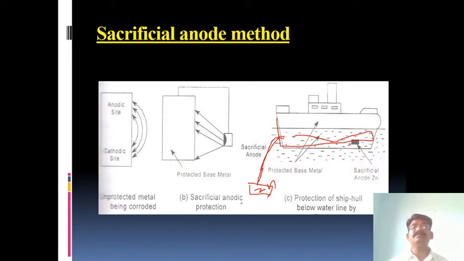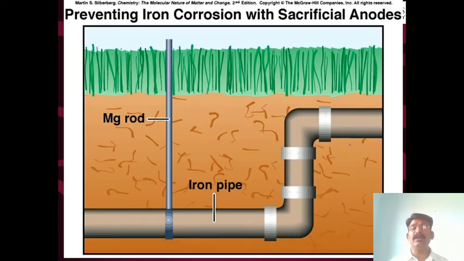Sometimes underground pipes are also protected like this. The underground iron pipe is connected to a magnesium rod, a metal more active than iron. The magnesium acts as the anode and the iron becomes the cathode, so the iron transfers the total corrosion to the magnesium.